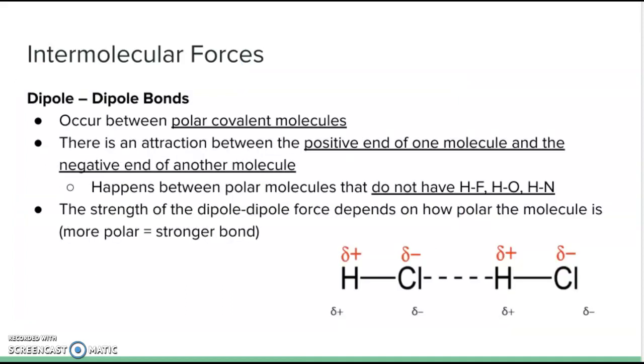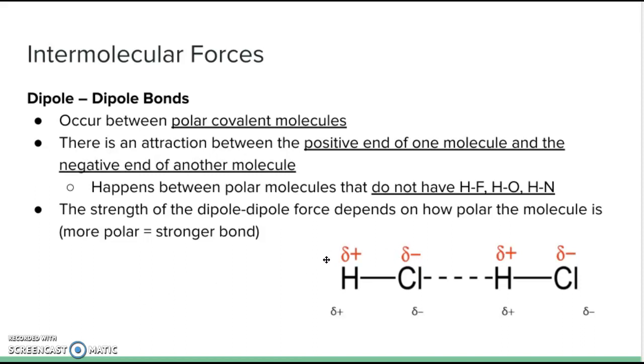The next type of intermolecular force is a dipole-dipole bond. And just like hydrogen bonds, it occurs between polar covalent molecules. So see this trend? I know that it has to be a polar covalent molecule, and we're talking about that symmetry again, my unequal symmetry. We know that if I have a polar covalent molecule, I have a dipole. So I'm going to have this unequal charge of positive and negative.